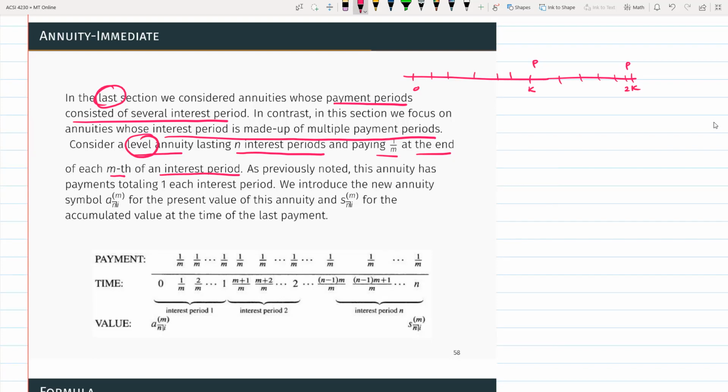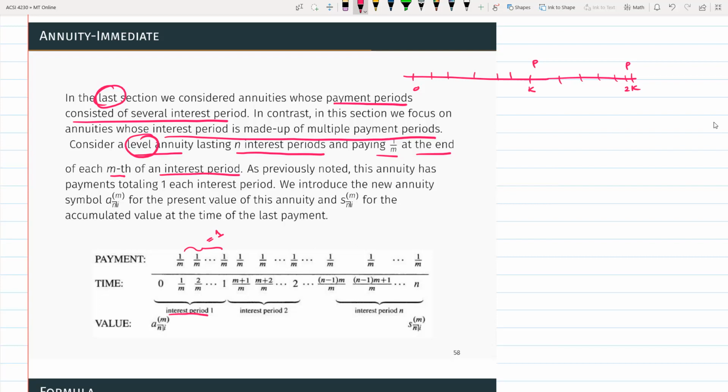In this diagram you can see the payment amount is 1 over M, so when you sum up, it's going to be 1. The total payment would be $1 per interest period, paid M times during that period. The same for the next one.